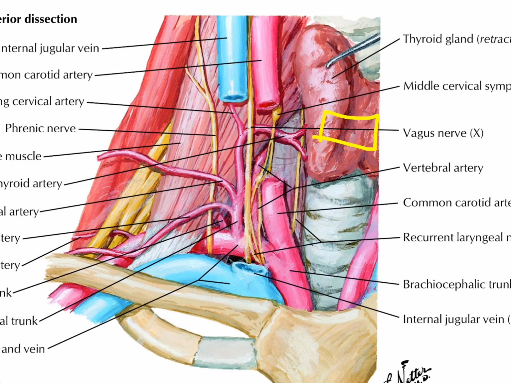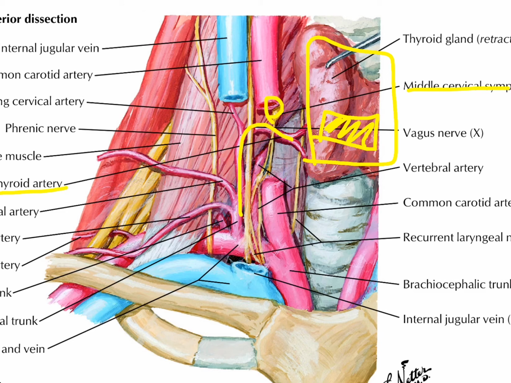So we can see that this is the middle cervical ganglion, and this is where the inferior thyroid artery enters the thyroid gland. So we can see that the cricoid cartilage is at the level of the middle cervical sympathetic ganglion, and at the level where the inferior thyroid artery enters the thyroid gland.